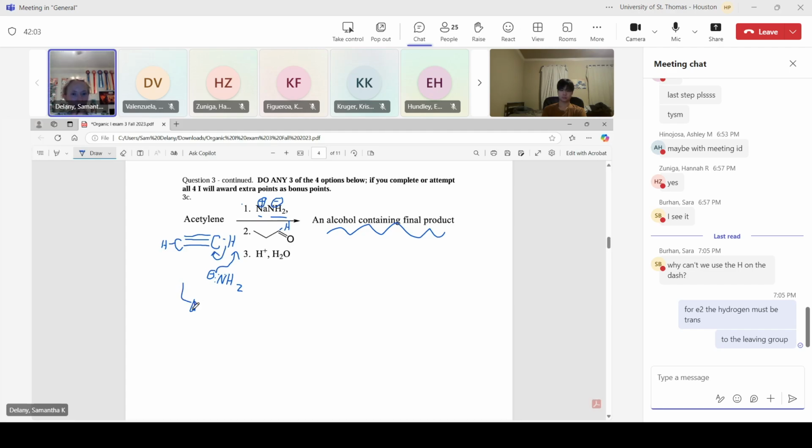We're going to end up with, I'm going to draw out the carbons just so I don't forget, that carbanion, which acts as a really good nucleophile. So now let's move on to step 2 and see what happens.